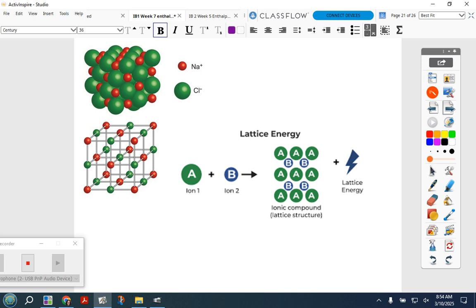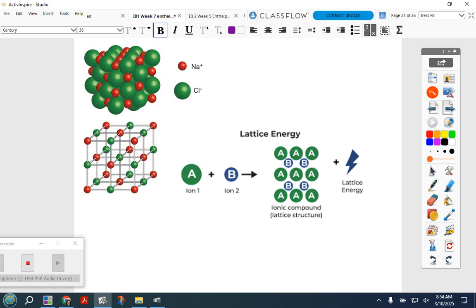We'll talk a little more about it when we review bonding, which will happen later. For our purposes right now, you just need to know that this is another piece of the Hess's law puzzle that we can use for ionic compounds.